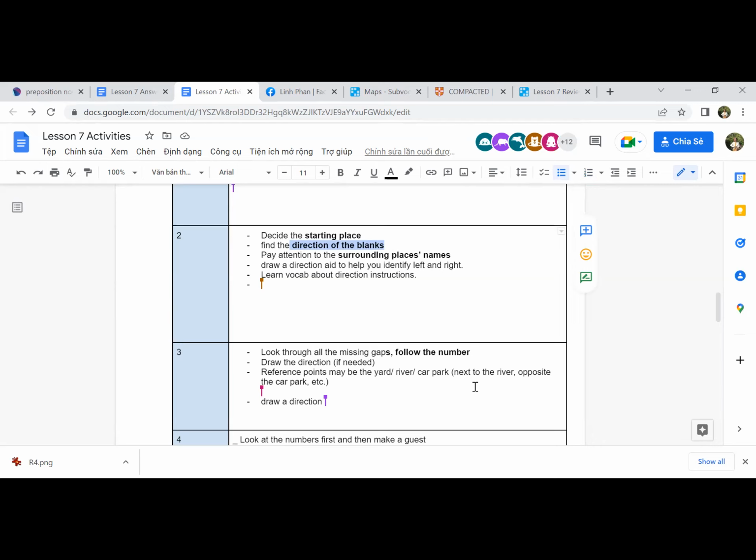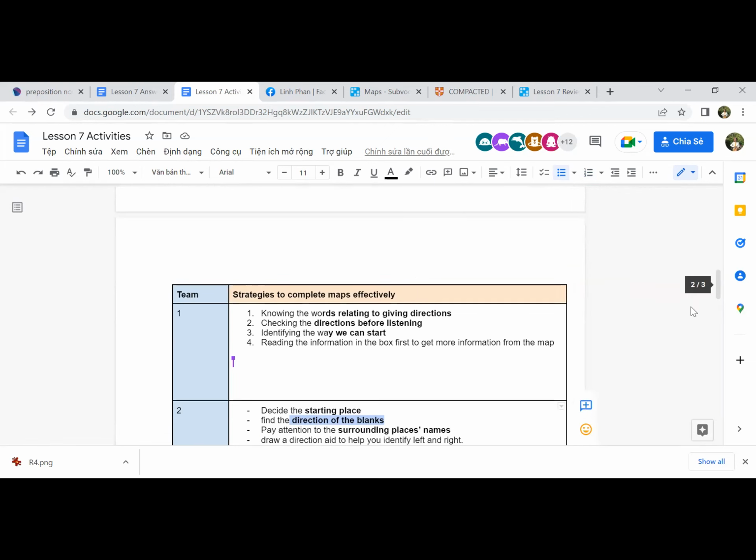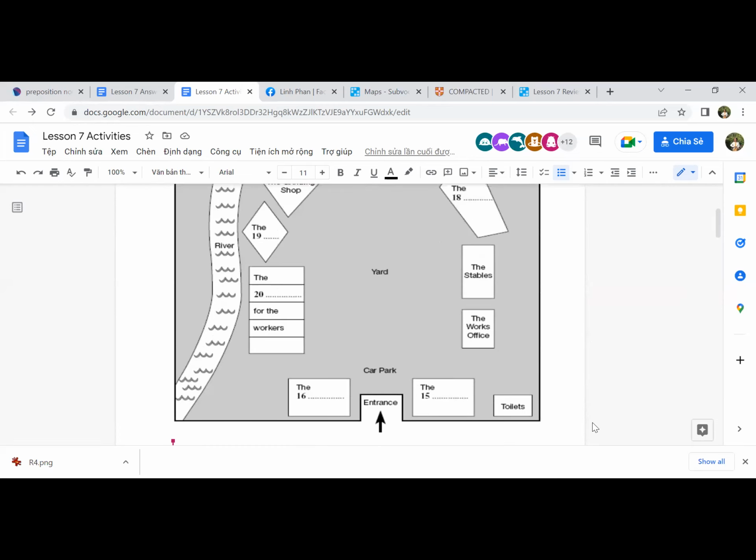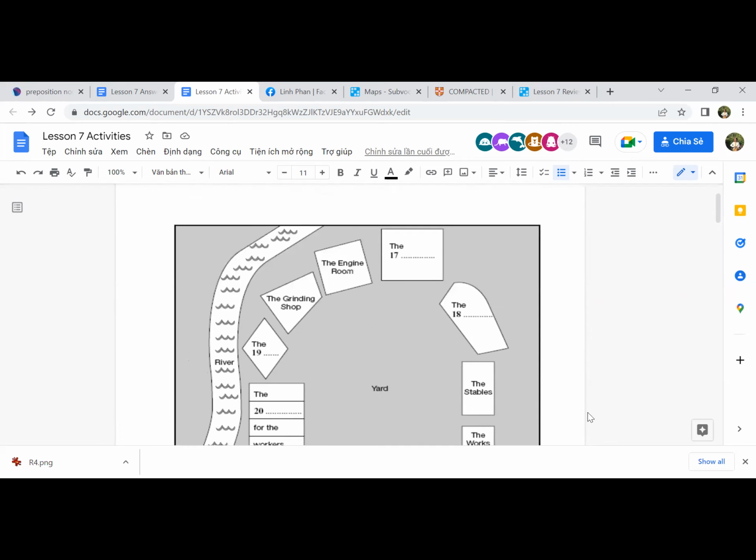The starting point, number 14, is down near the entrance, but 15 is on the right and 16 on the left. Quite special. And then we will need to look for 17 quite far on the top of the map. So it's quite important for this map to identify where the blanks are.